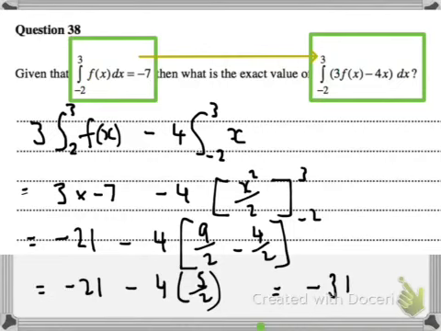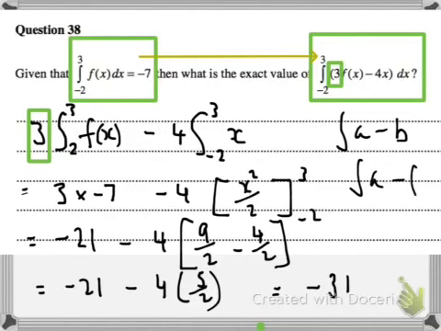If you look at my first line, I've done two things. I've taken this 3 and put it out the front. I've also separated out the two integrals, because we know that the integral of a minus b is the integral of a minus the integral of b.